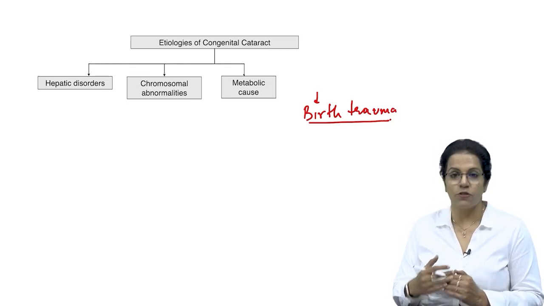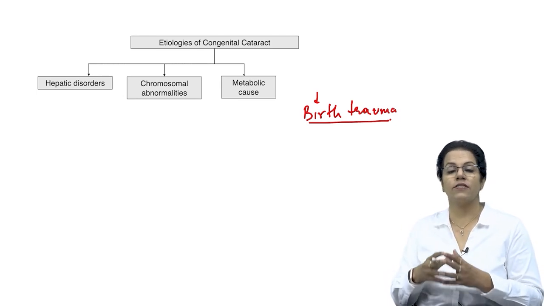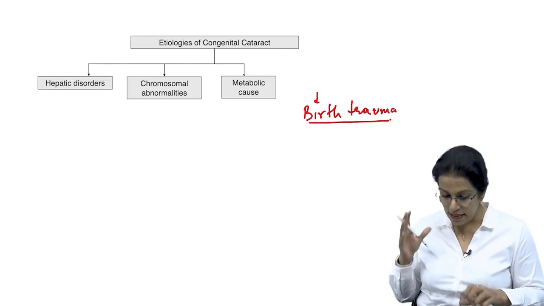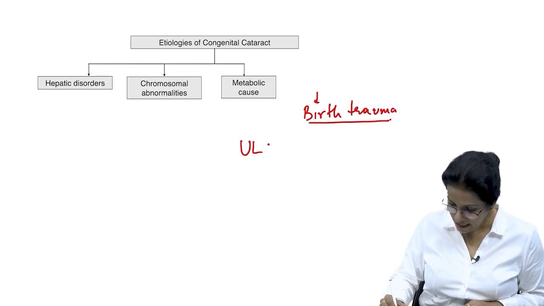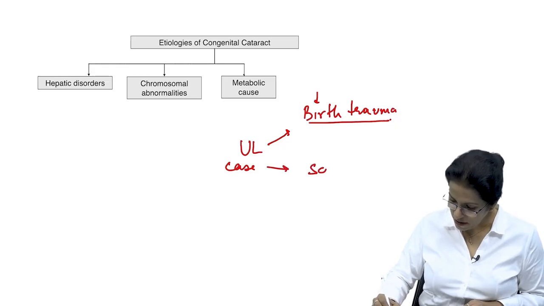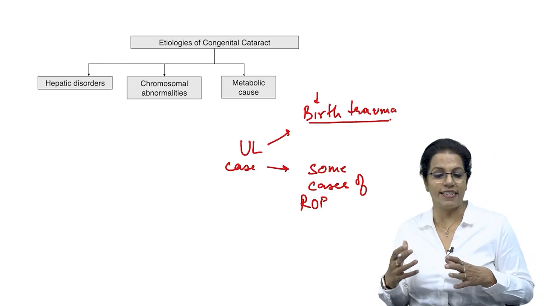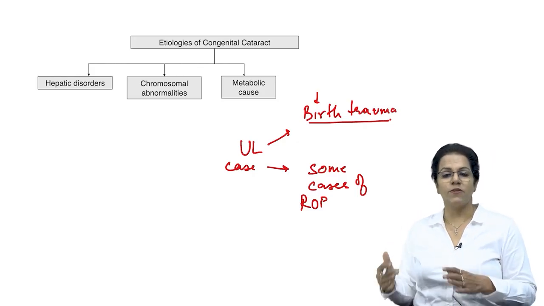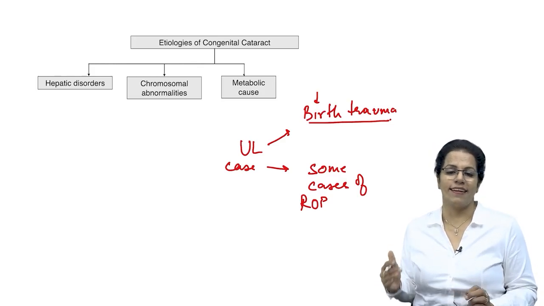So, when we go back to etiologies, congenital cataract is generally bilateral except in two places. One is birth trauma, where it is a unilateral case, and the second unilateral case is some cases of ROP. Remember, some cases of retinopathy of prematurity. We will learn this in more detail in the retina chapter. This can also lead to unilateral cases of congenital cataract, right?